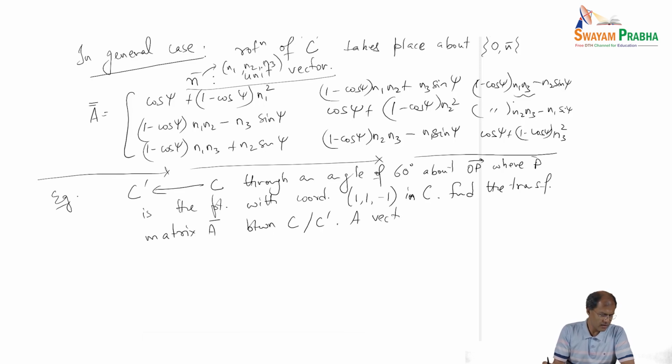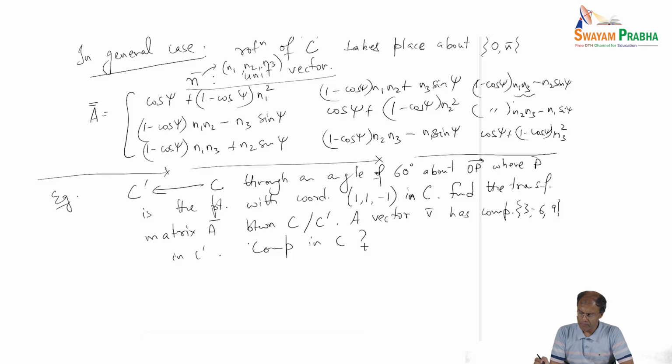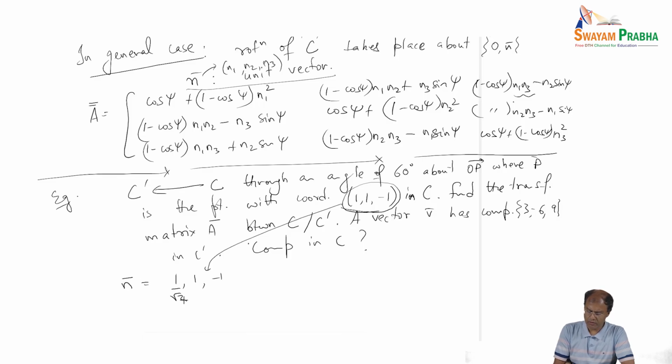So a vector V has components 3, minus 6, 9 in C', and we have to find the components in C. Okay, so we see that the new matrix is obtained by rotating about this point with coordinates 1, 1, minus 1. So the corresponding unit vector will be 1, 1, minus 1 divided by its norm, which is square root 3.